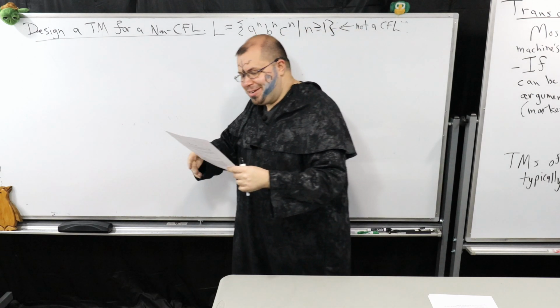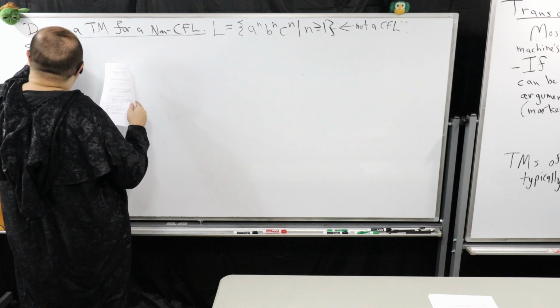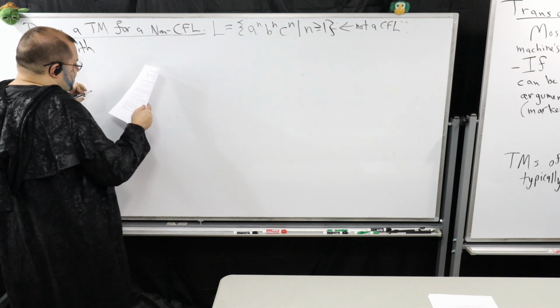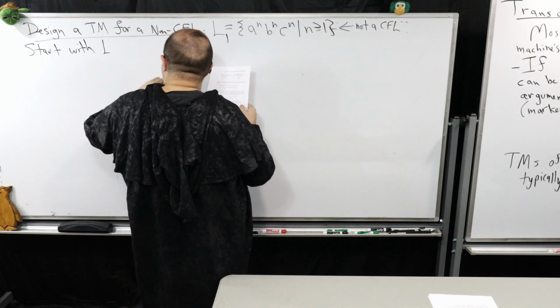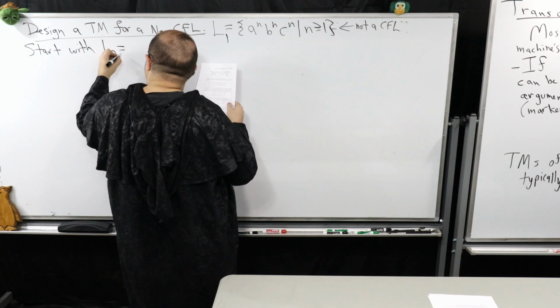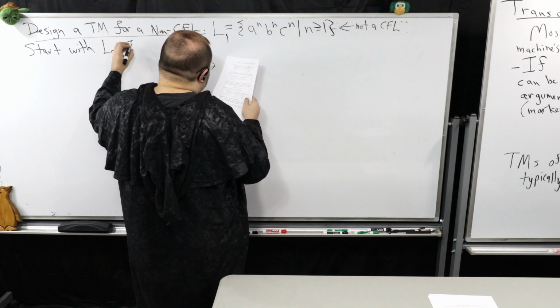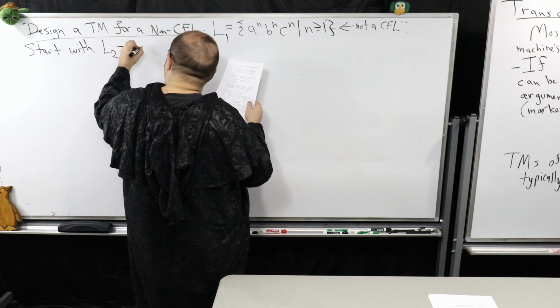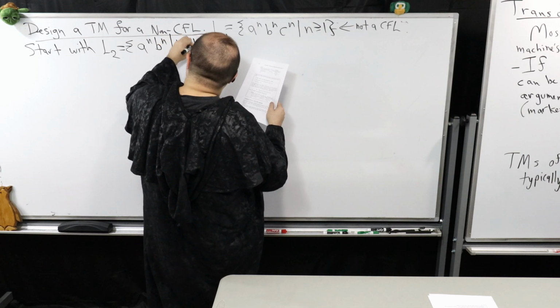And the way I'm going to do it is I'm going to start with the following language. I'm going to call the non-context-free language L2. I'll start with L1. I'll call this one L2. So L2 is just going to be A to the n, B to the n, n greater or equal to 1.